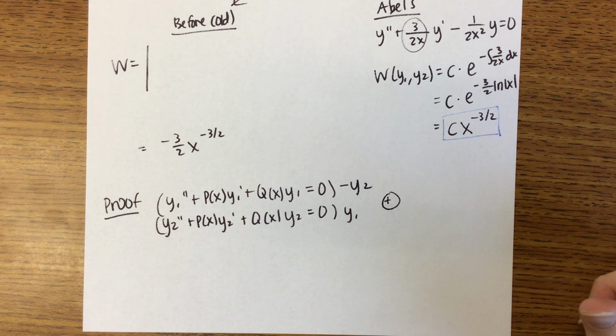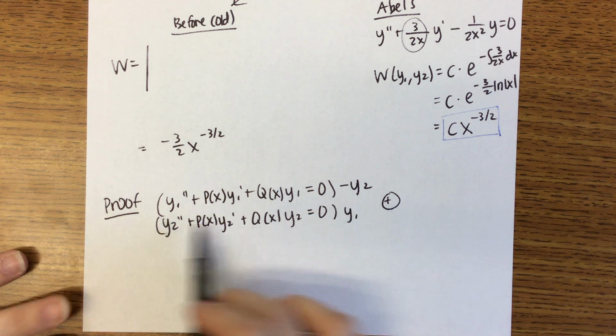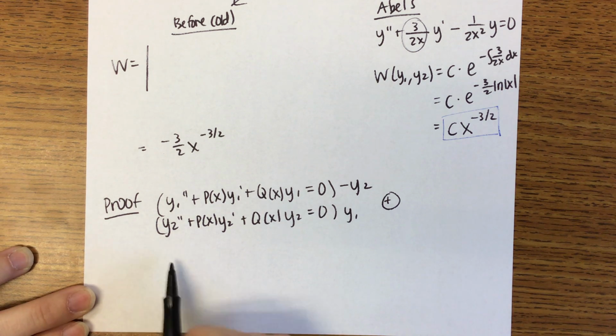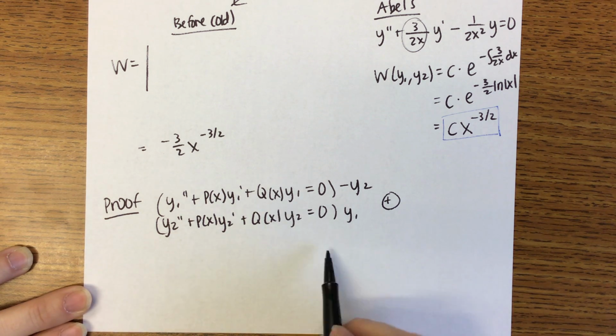Now, when you add them, it would be good to put them in the form that they're currently in. So something out in front, p of x times something, q of x times something.